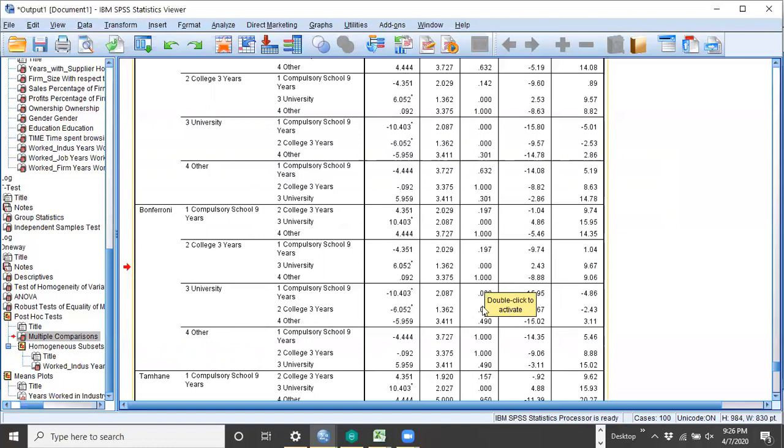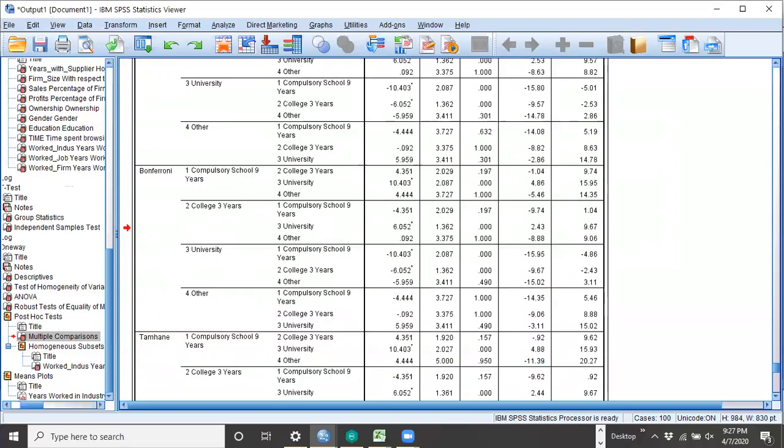Again, you can see the same findings repeat themselves as above because it's the same pairs. So we just found 2 pairs being different. University is different from compulsory, a 10 year difference where compulsory have worked 10 years more than university on average, statistically speaking. And then 8 years different with college and university, also statistically significant.